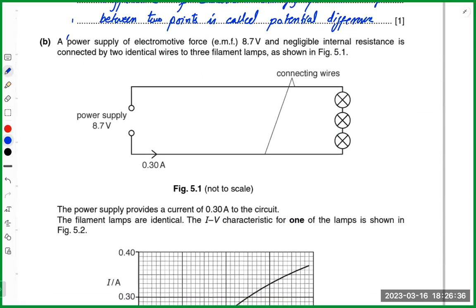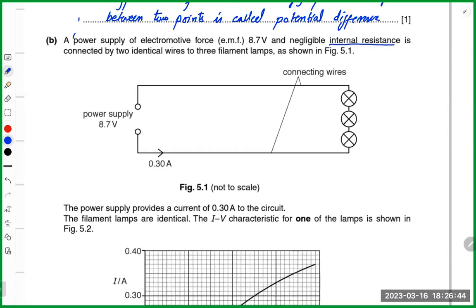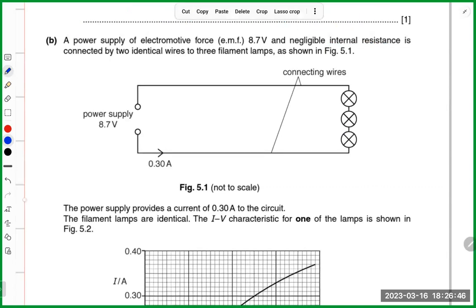The power supply of electromotive force EMF 8.7 volt and negligible internal resistance. This is very important to know. So we do not have any internal resistance in this case.